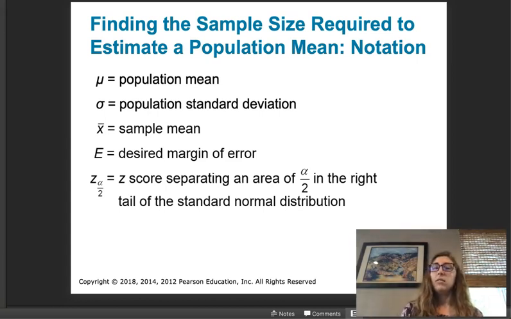First of all, we need to use our z-scores because we don't know what n is. The whole point is that we're trying to find n. So we can't use the student t-distribution if we don't even know what n is. So we need to use our z-scores. And sometimes we will not have sigma, and so we will need to estimate it.